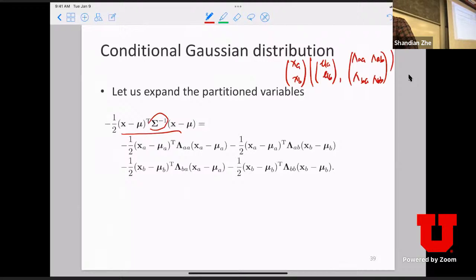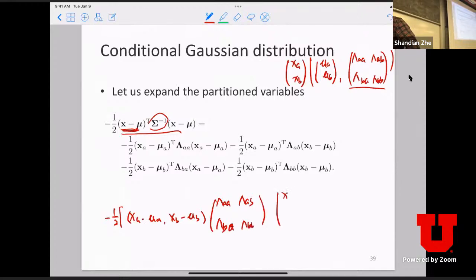To be more clear, remember this quadratic form consists of 2 vectors: xa minus mu A, xb minus mu B, times this block matrix, times, sorry, this should be transpose, xa minus mu A, xb minus mu B. If you write down this quadratic term according to the partitions, it's something like that.